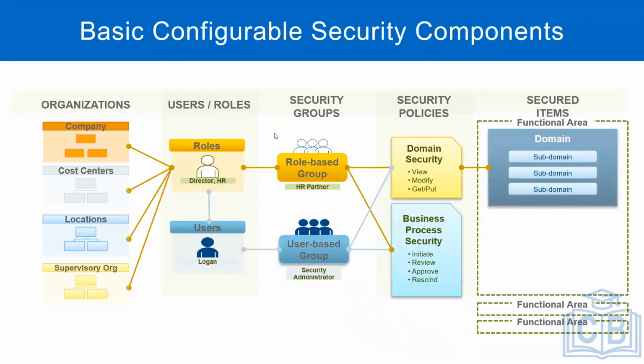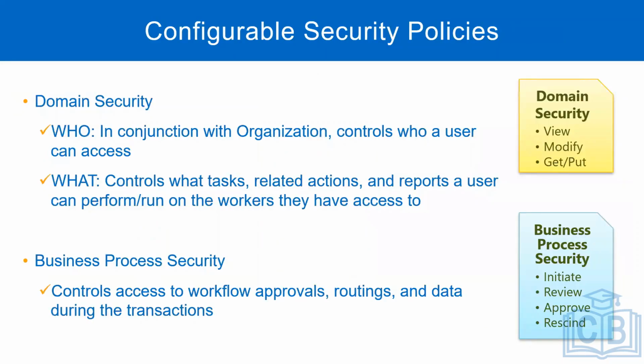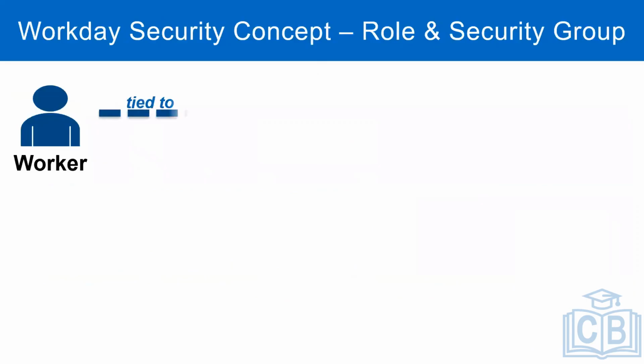And then what are the configurations we created as part of role-based security group? First, what did we do? We created a role. What was the task to do that? Maintain assignable roles. There we created our assignable role.